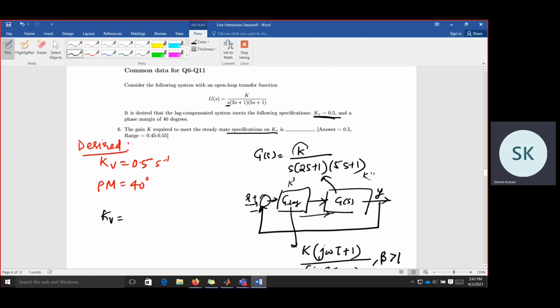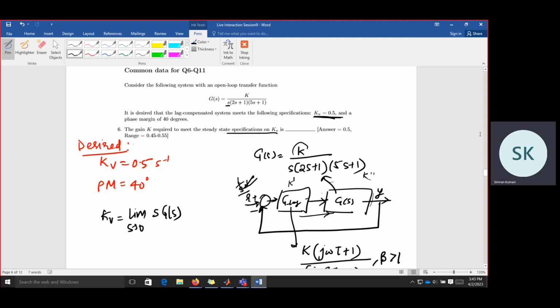If we apply a unit step, it will always be tracked. But if we apply a ramp, which has dynamics of 1 by s squared, since there is only one integrator in the forward path, it would not be able to track these dynamics. Therefore, we are talking about this velocity error constant.